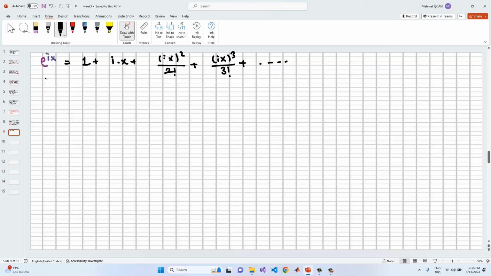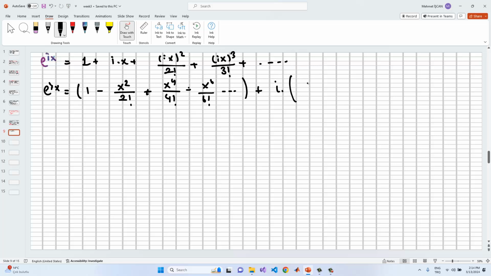Okay? And so e^(ix) is equal to the what? The 1 minus x^2 over 2 factorial plus x^4 over 4 factorial minus x^6 over 6 factorial, and it goes on, right? Because this is the real, this is the imaginary, this is the real, this is the imaginary, and so we can decompose these terms into the I times this imaginary one, and this is the real one.